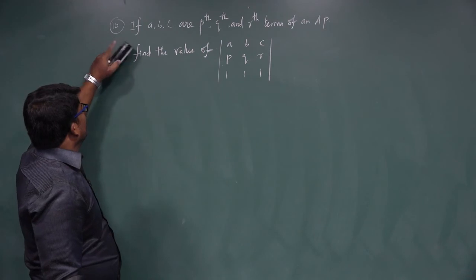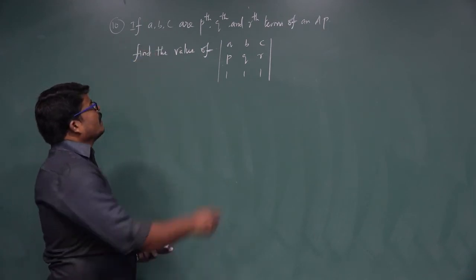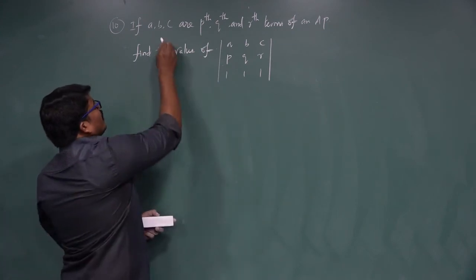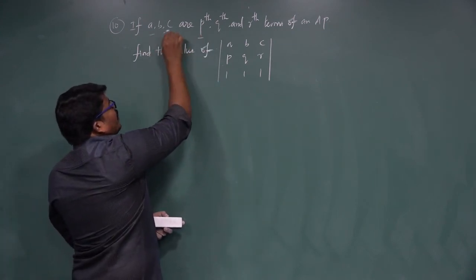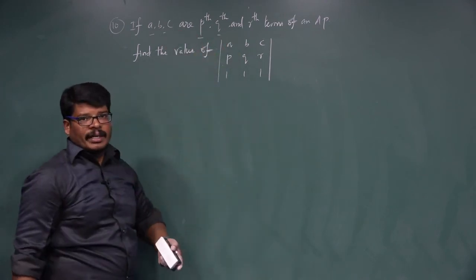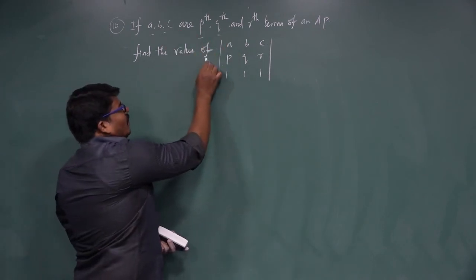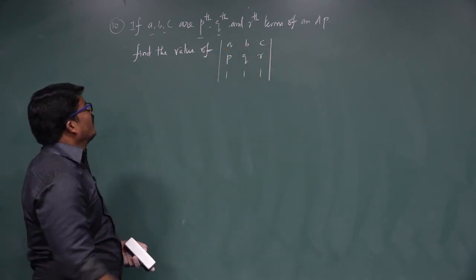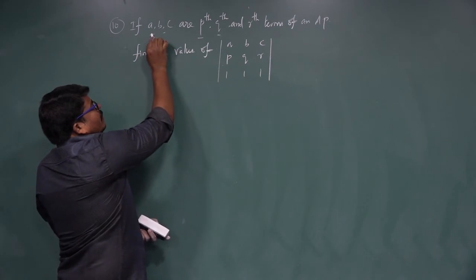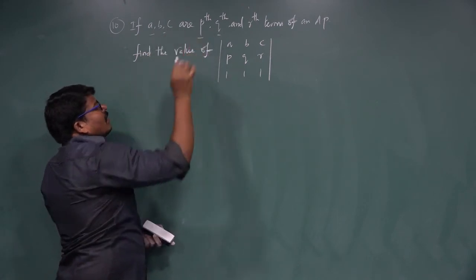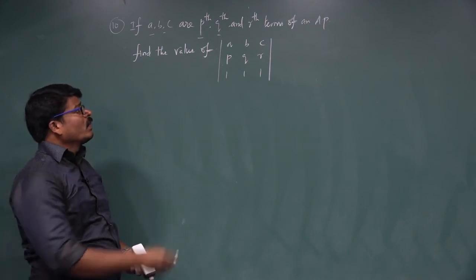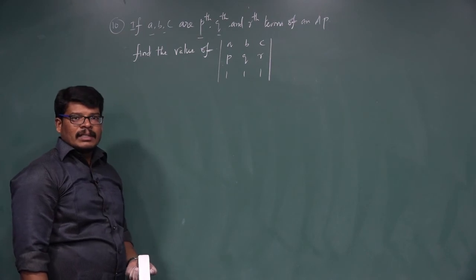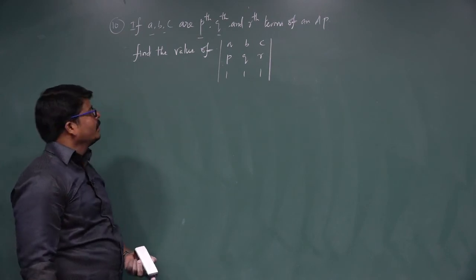Tenth one: if A, B, C are the pth, qth and rth terms of an AP, find the value of this determinant. What is given? A is the pth term, B is the qth term, and C is the rth term of an AP. You already know the AP formula: the nth term Tn equals a plus n minus 1 into d.